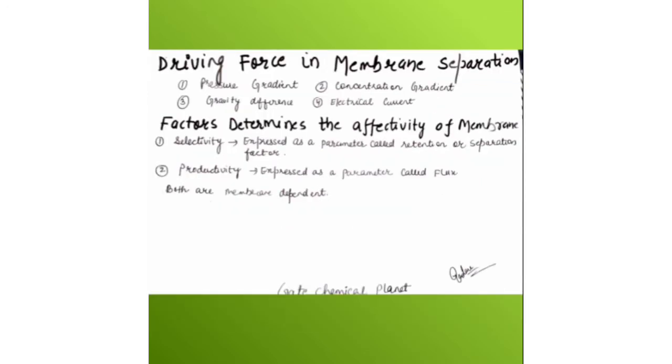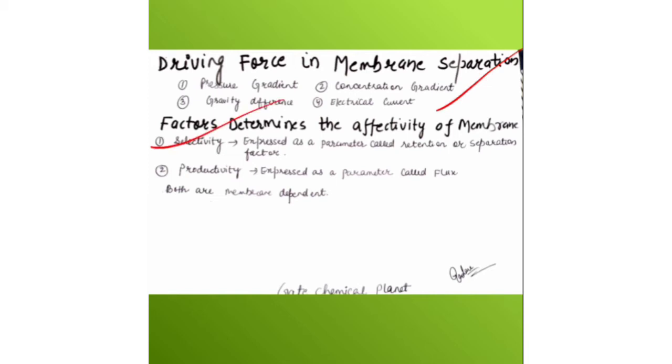Now, what is the driving force in membrane separation? The driving forces in membrane separation processes are pressure gradient, temperature gradient, electric current and gravity differences, or we can say the activity. The factors which determine the effectiveness of membranes are two.